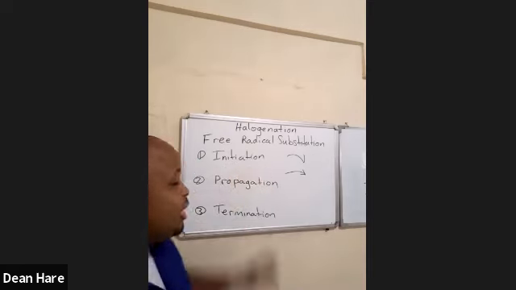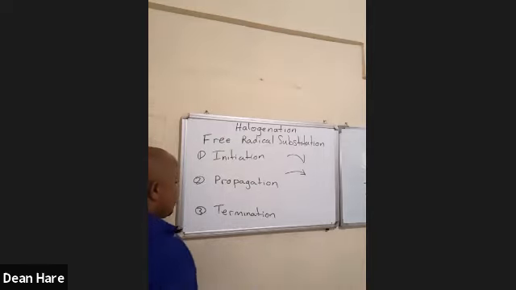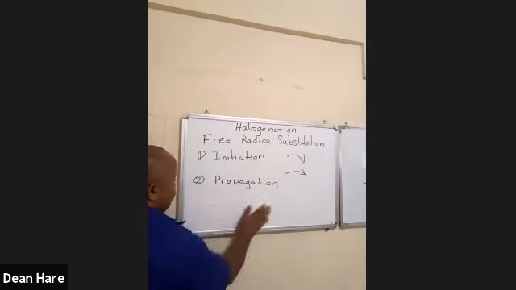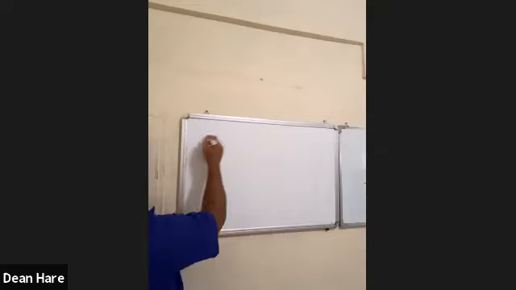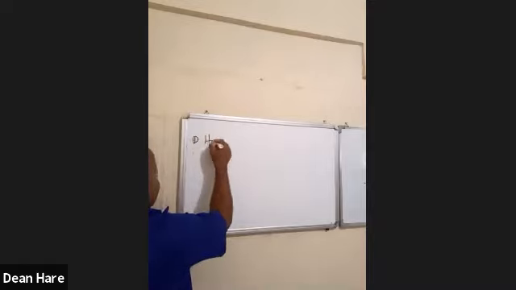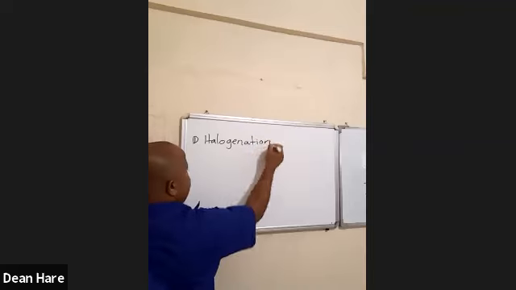How about alkenes now? Tell me some reactions of alkenes. Halogenation. Hydration. Electrophilic addition. Oxidation.